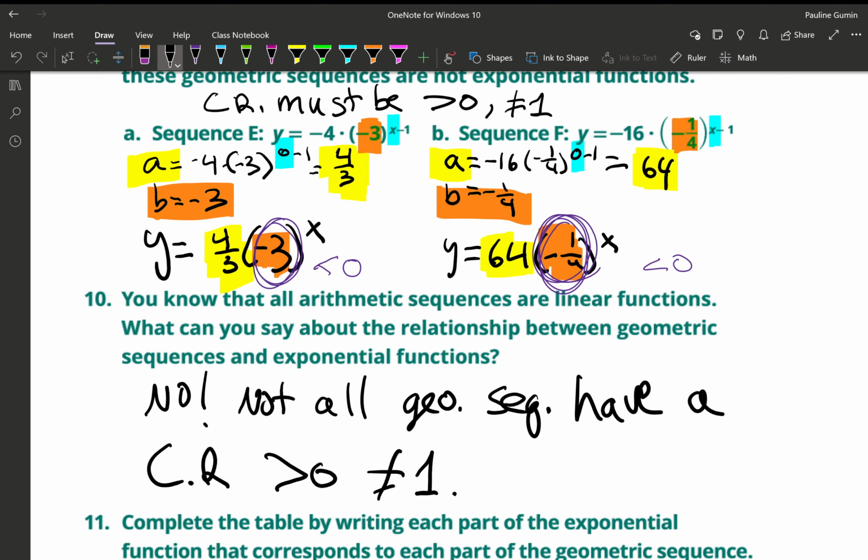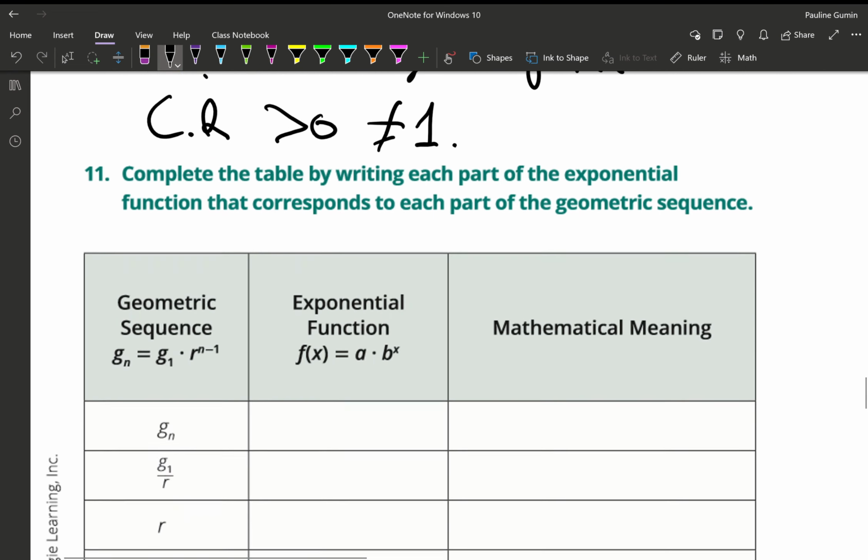That means not all geometric sequences can be exponential functions.